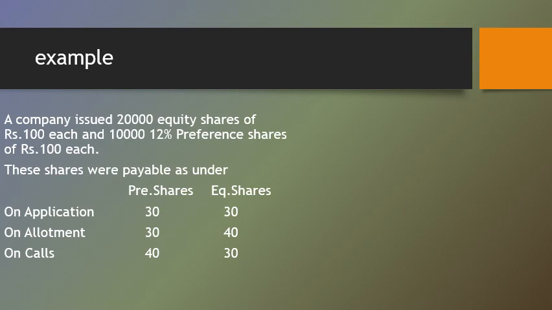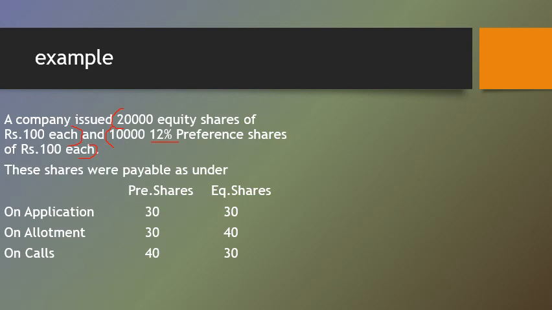See the example here. A company issued 20,000 equity shares of rupees 100 each and 10,000 12% preference shares of rupees 100 each. Whenever preference shares are issued, the percentage of its return will be disclosed along with the preference shares.